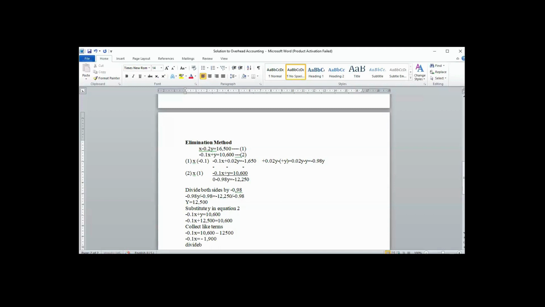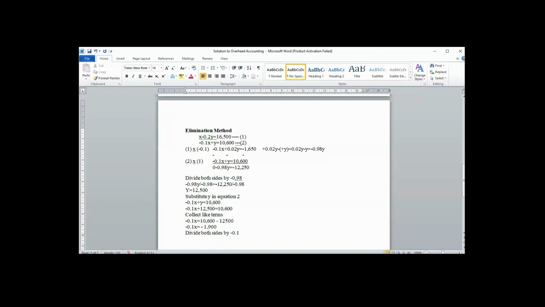Okay. Divide both sides by minus 0.1. Then we have minus 0.1x divided by minus 0.1 equals to minus 1,900 divided by minus 0.1.